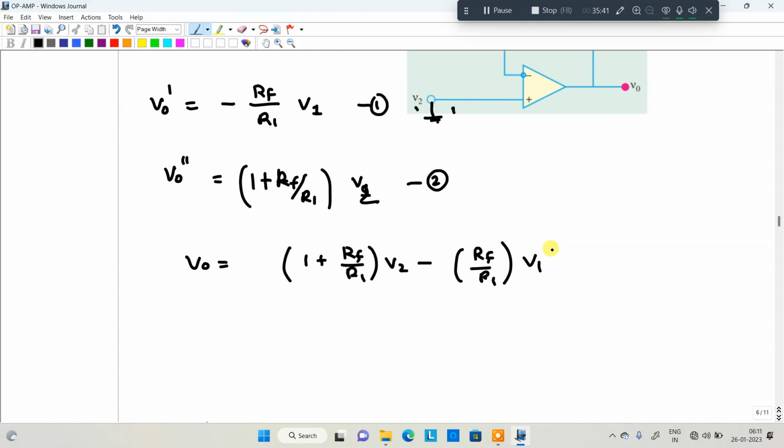Okay, got my point. Now in this particular case, Rf is very much greater than R1.